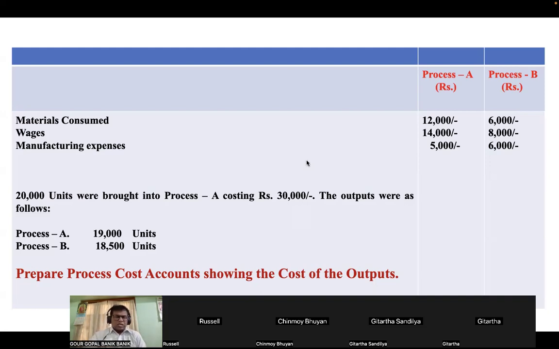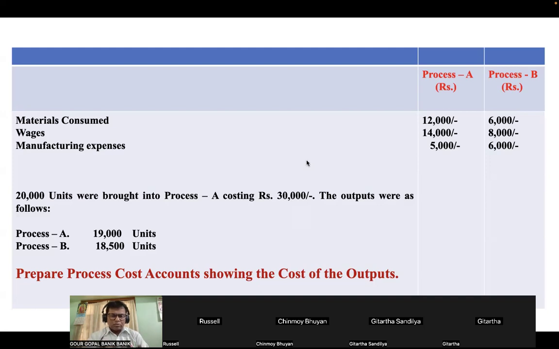And you may ask me, sir, there are two types of material I can see. The 20,000 units are also material, and again, you have given material consumed 12,000 and 6,000. I can explain that. When you produce something, suppose you want to make egg curry. So you have taken 25 eggs for your gas. Those are the main material. 25 eggs you have purchased, you are going to cook.